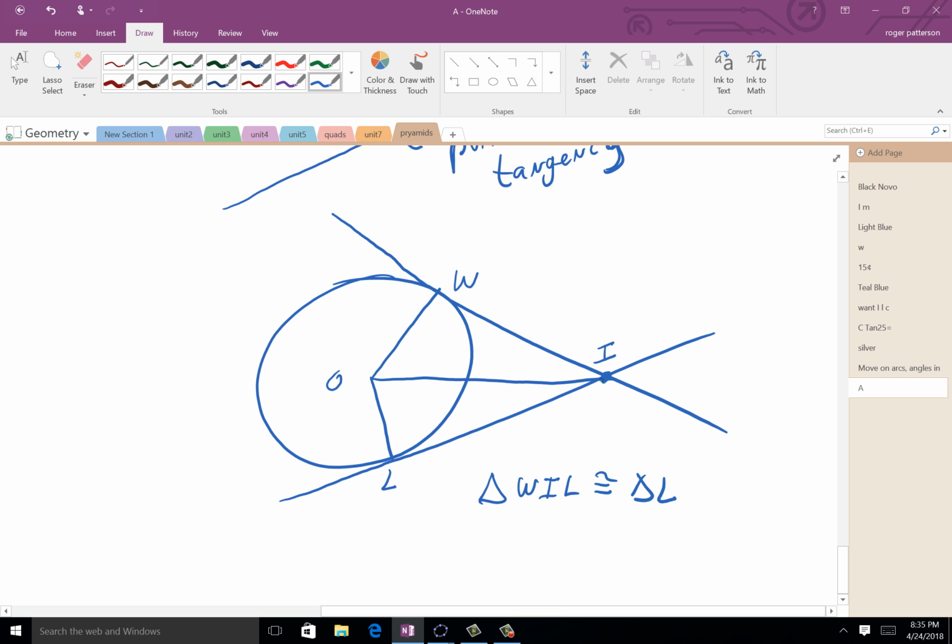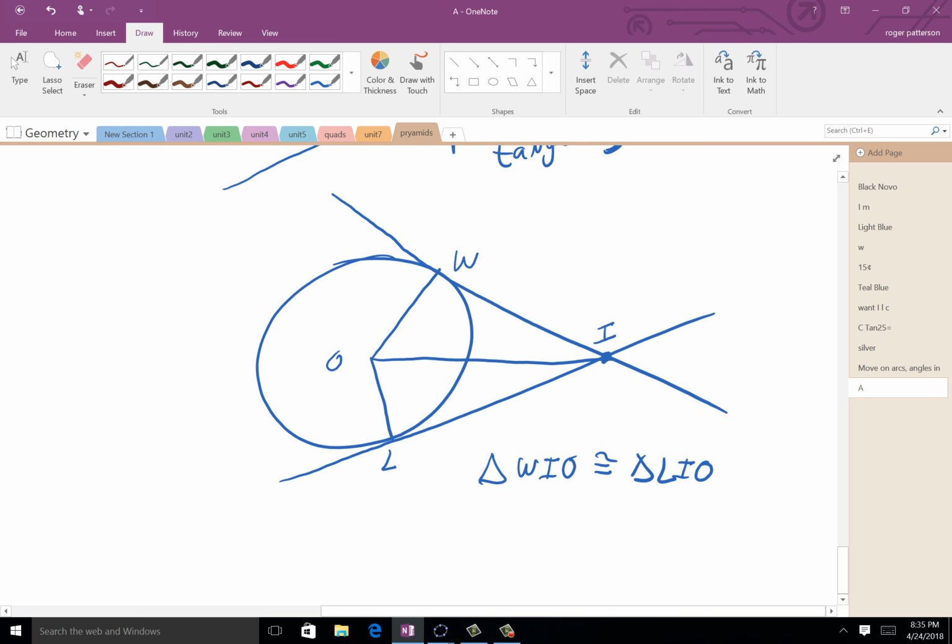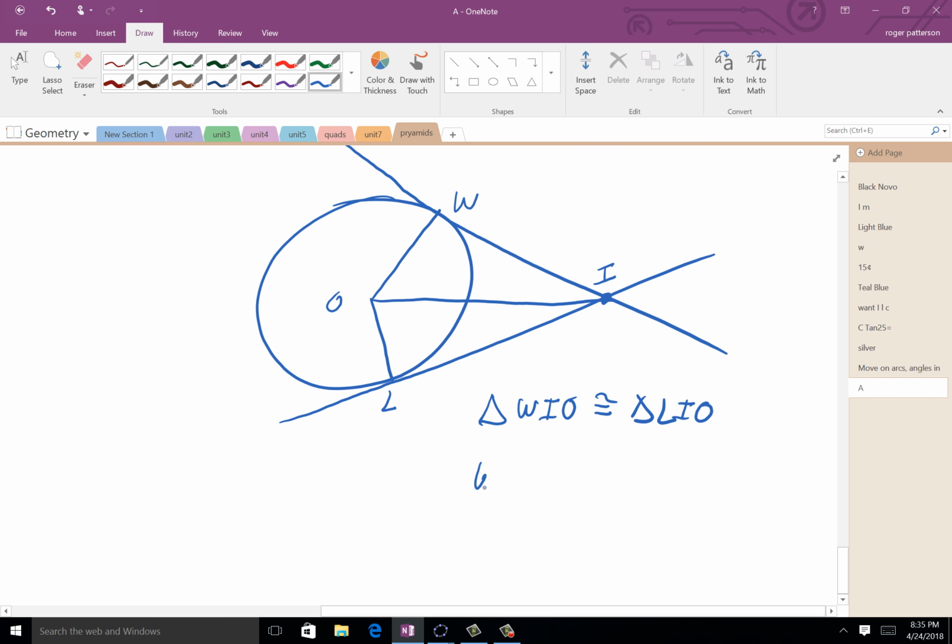I need an O here. WI, not L, but this needs to be an O. It's congruent to triangle LIO. Right? And the most important thing is that WI is congruent to LI. So these two measurements here and here are the same. Okay. Maybe not the same in my drawing, but they are the same because we showed that. All right.